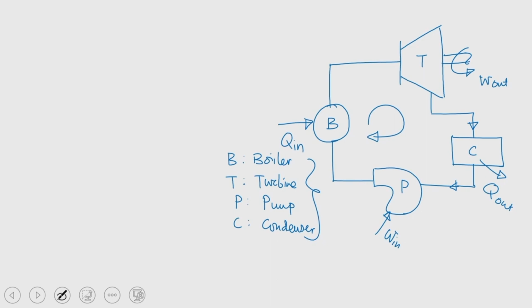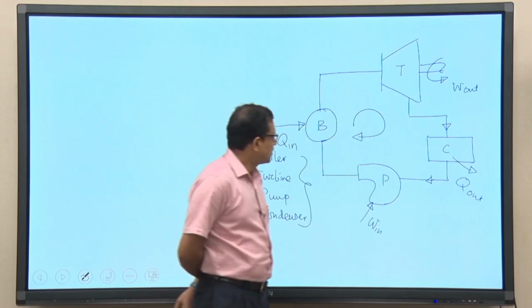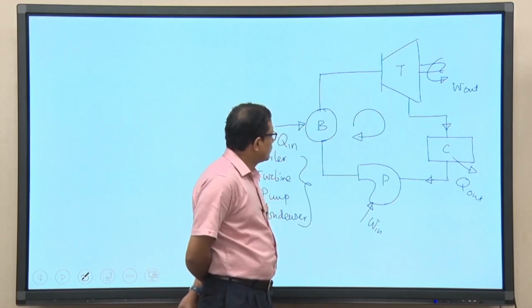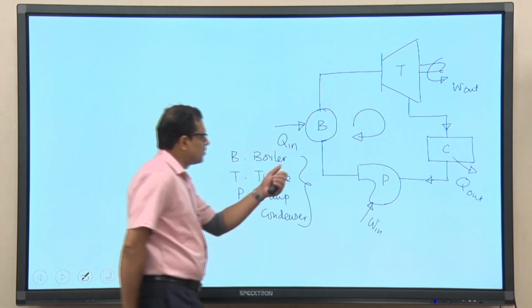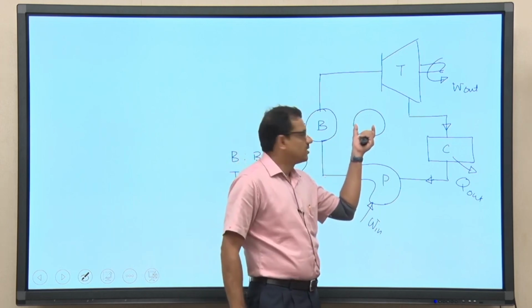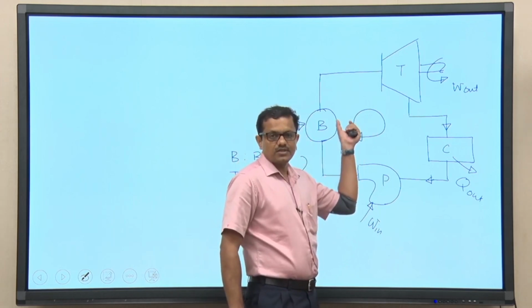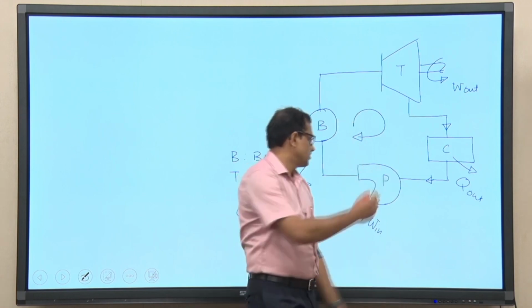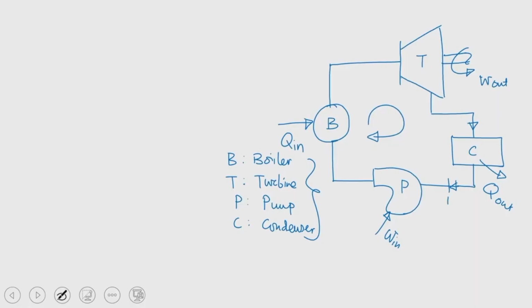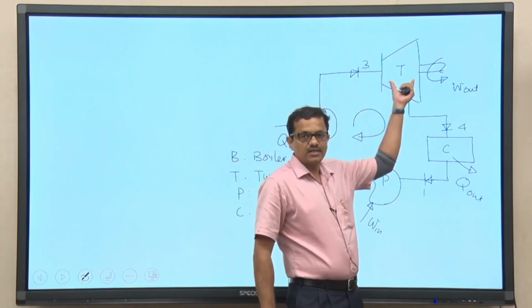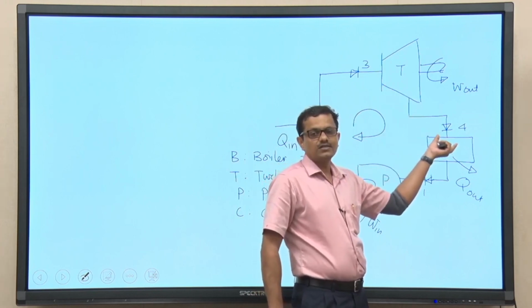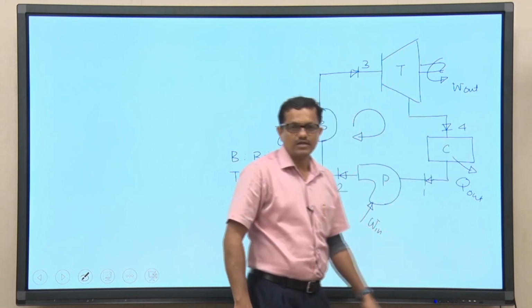There will be several other minor components, but two important points I would like to mention today. If you would like to know the performance of the plant itself, we need to analyze all the processes: the pumping process, boiling of liquid, expansion of steam inside the turbine, and finally condensation of steam in the condenser.